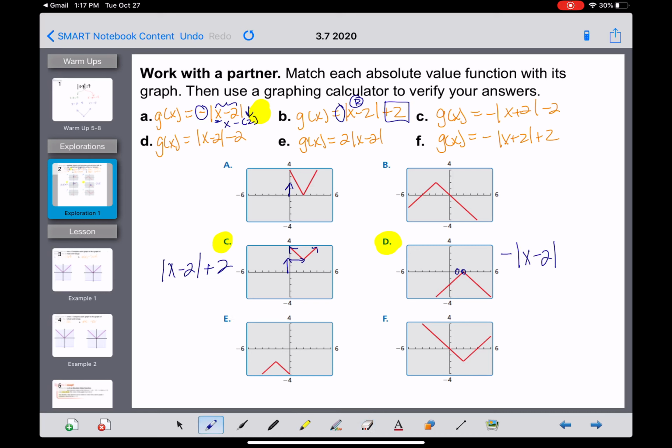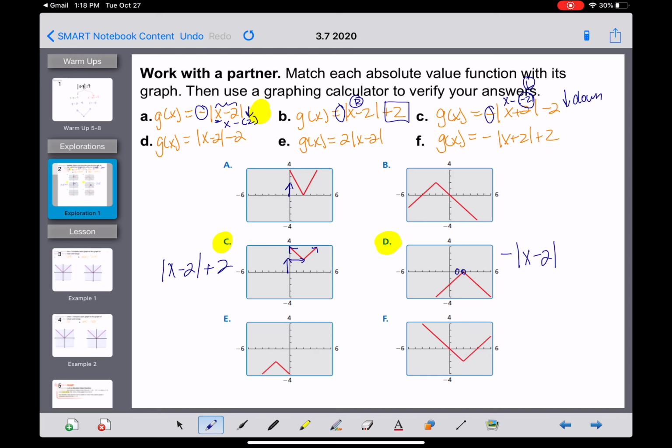Looking at C, I'm looking at a negative, so I have a reflection. The plus 2 means that I'm going to shift in the opposite direction, so that's just like rewriting x minus negative 2. So I'm actually going 2 units to the left, and the minus 2 at the end means I'm going 2 units down.